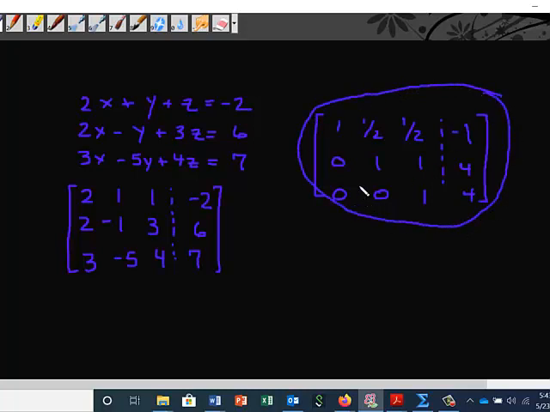See? So you have these things called row leading ones here, which we consider pivot points. And all the zeros are below the diagonal. This suggests that this type of problem is in row echelon form.